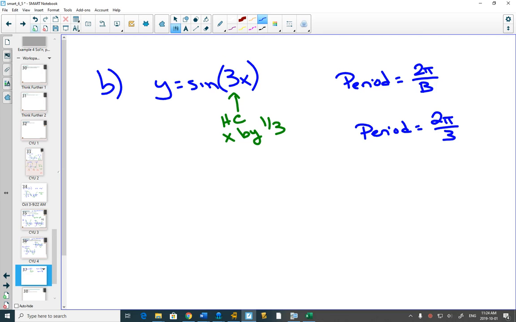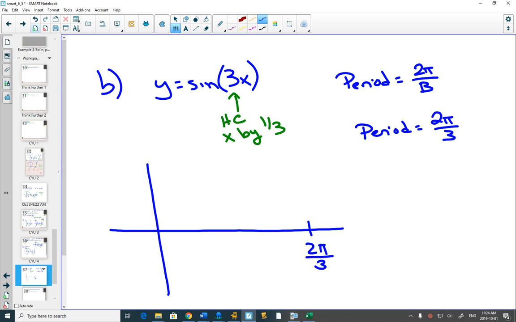So now when we go to graph this, instead of having 2 pi as our period, we have 2 pi divided by 3. Again, we still break it into 4 equal sections. A little bit of mental math. I always figure out the middle one first, because half of 2 pi over 3 is pi over 3. And once I found the middle one, I always find the next single dash first, because that's going to be half of pi over 3, pi over 6.